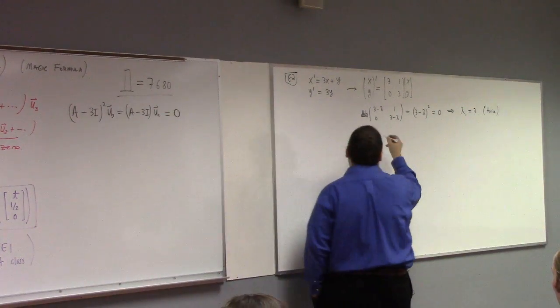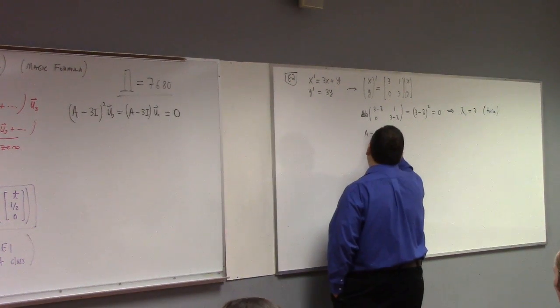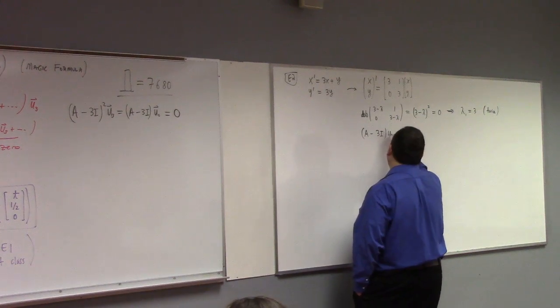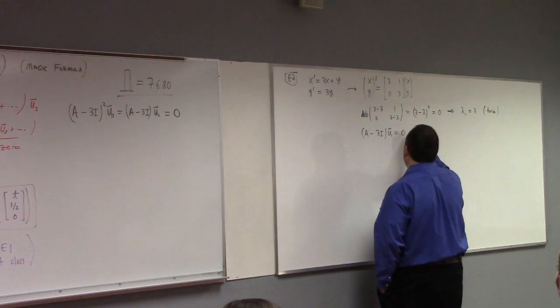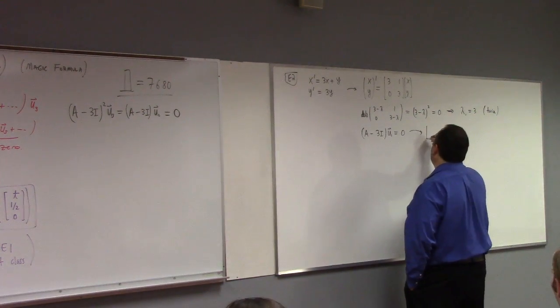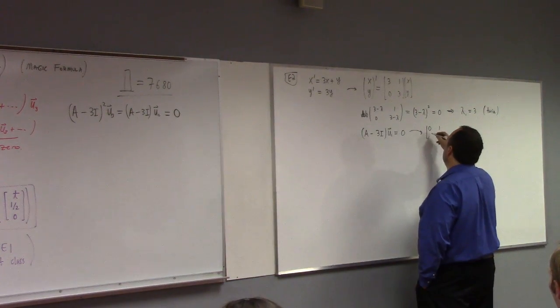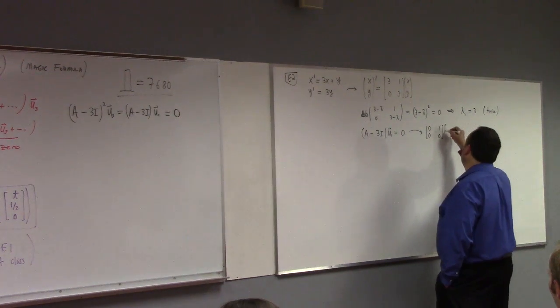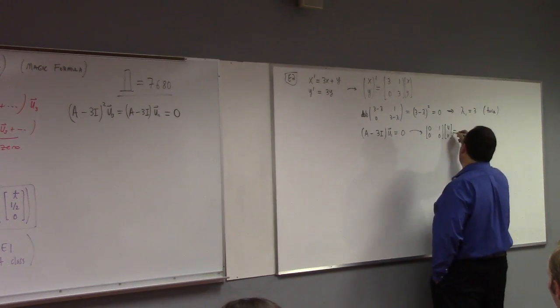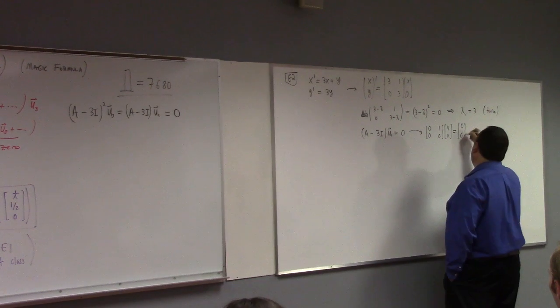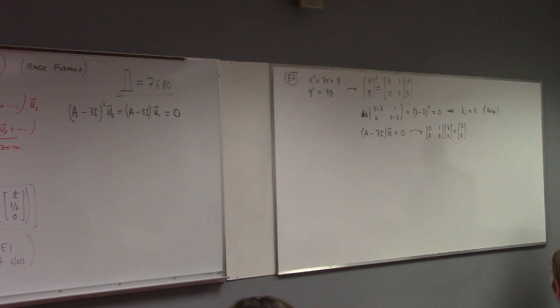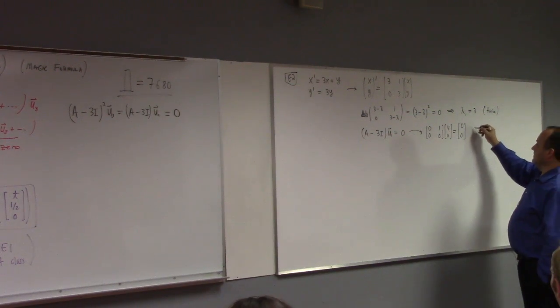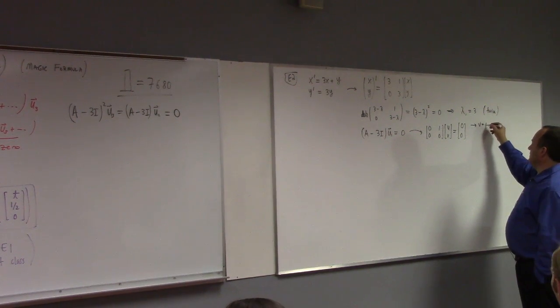And then we just have to solve (A minus 3I) times u1 equal to 0. But that tells me in this problem that the matrix 0, 1, 0, 0 times (u, v) is equal to (0, 0). That gives me the top row, v equals 0, and u is free.